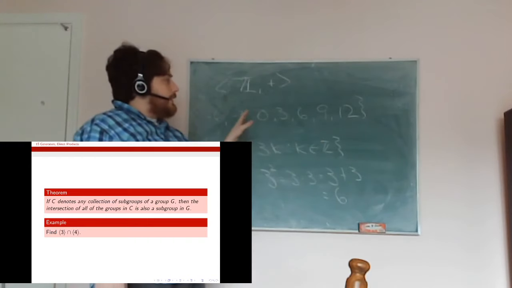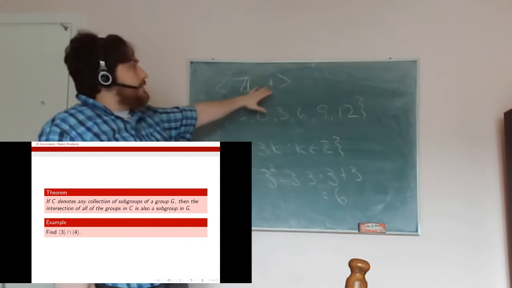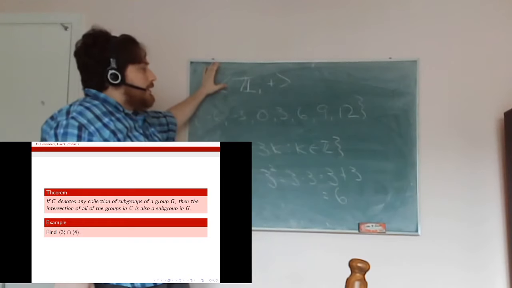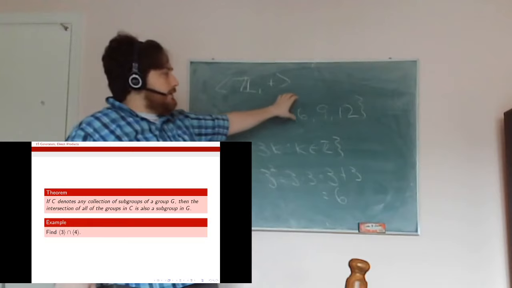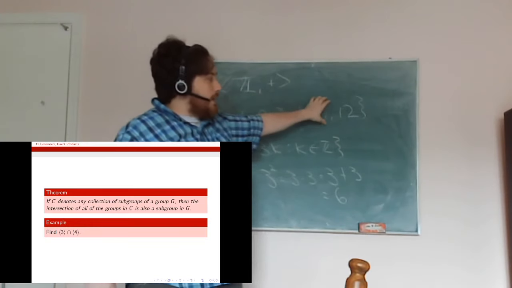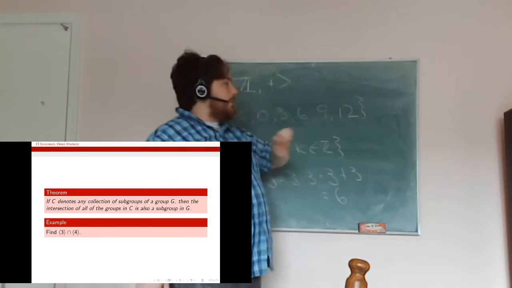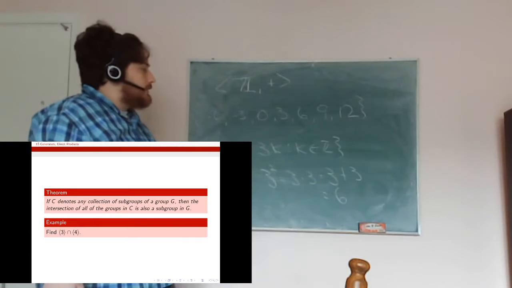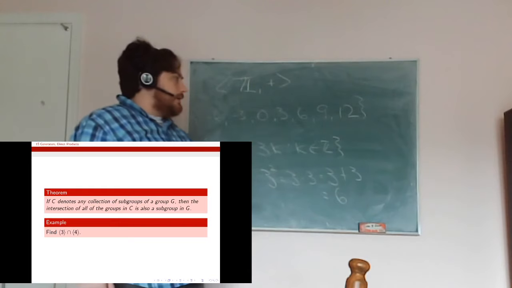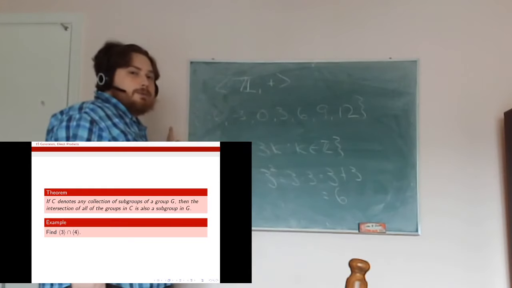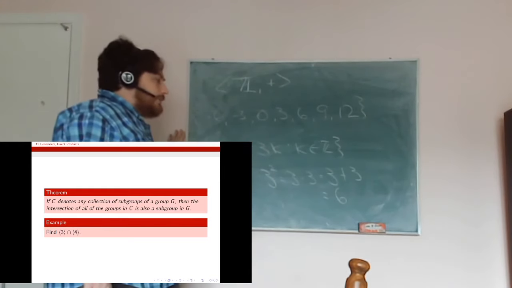That's kind of the point I'm trying to make here: if I change the operation, it can look different, but it's still going to behave the same way. We take the generating element and compose it with itself through the operation however many times. Since here my operation is addition, I can add it however many times I want or subtract it however many times I want. So I end up with the multiples of 3.